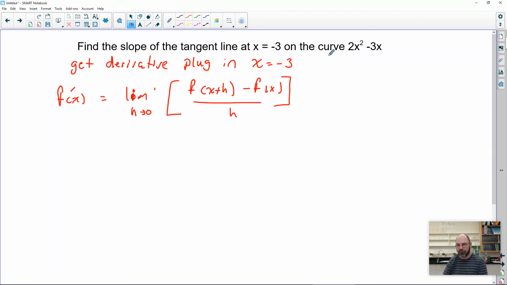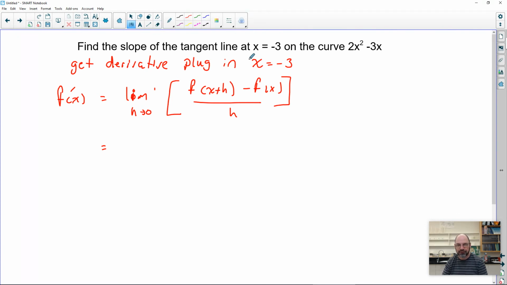Okay, so we've got 2x squared minus 3x. So let's go and put that in. Oops, we don't want the f there. We want to put in the equation here.